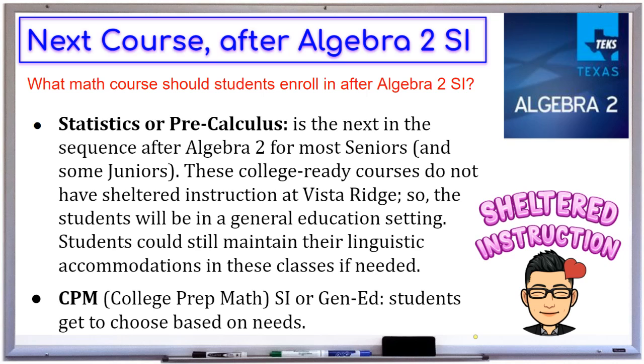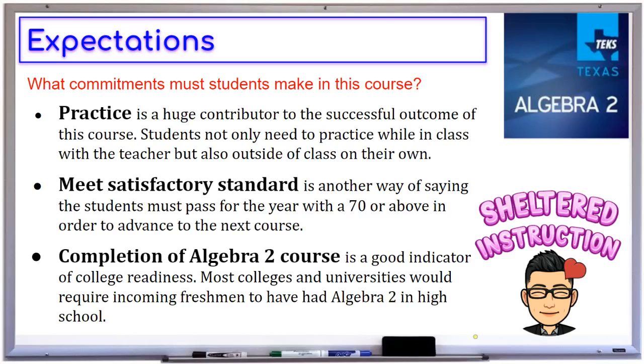These college-ready courses do not have sheltered instruction at Vista Ridge, so the students will be in a general education setting. Students could still maintain their linguistic accommodations in these classes if needed. CPM, College Prep Math, SI or Gen Ed, students get to choose based on needs.